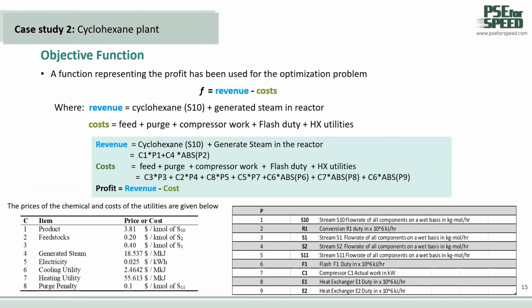To optimize, we need to set the objective function. In this example, for the cost estimation, we use the profit as the objective function, where profit is equal to revenue minus cost.